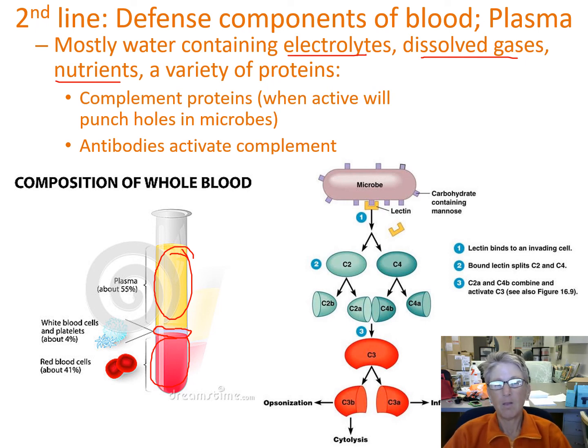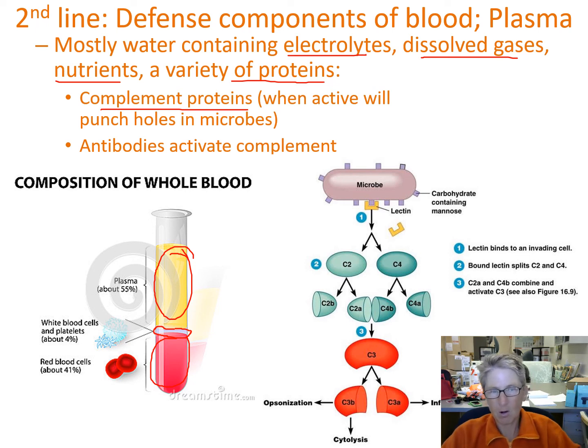And within that category of proteins, there's a whole bunch of different proteins that the plasma contains, including proteins called complement proteins. When you activate complement proteins, they will punch a hole in the microbe. Fluid leaks out of the microbe and the microbe dies.